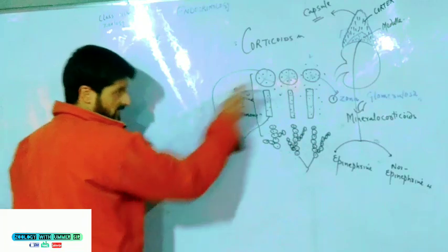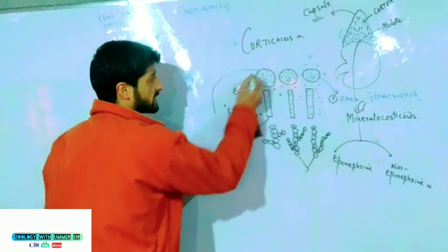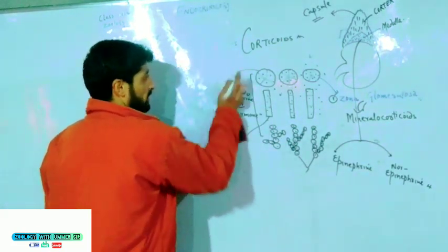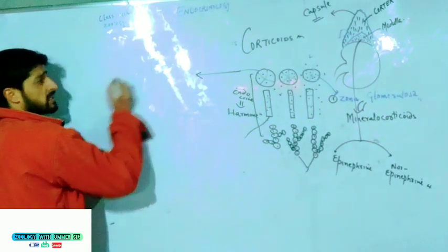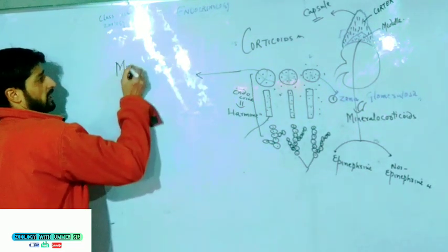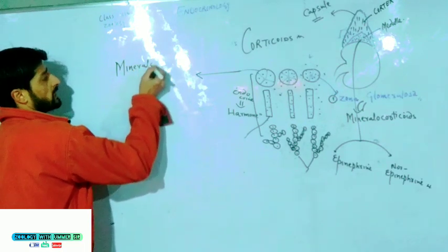The first layer of cells, zona glomerulosa, produces a special group of hormones that you call mineralocorticoids.